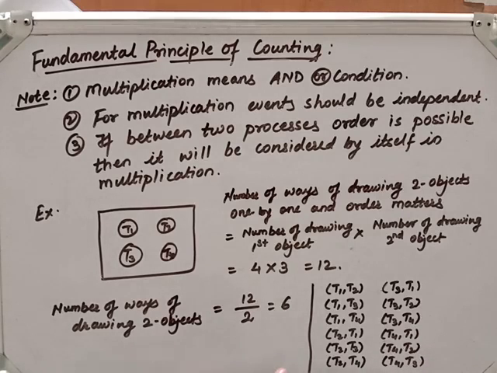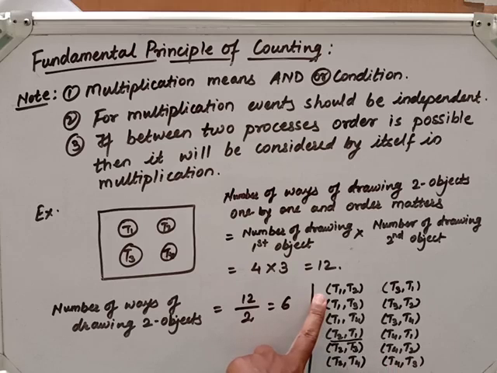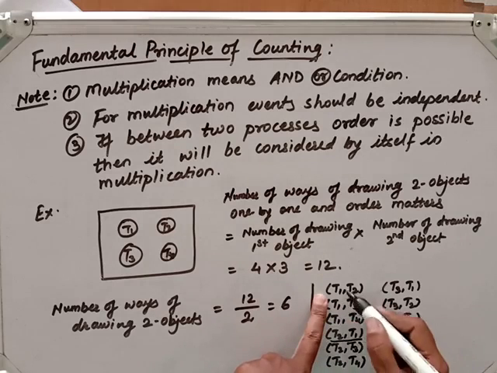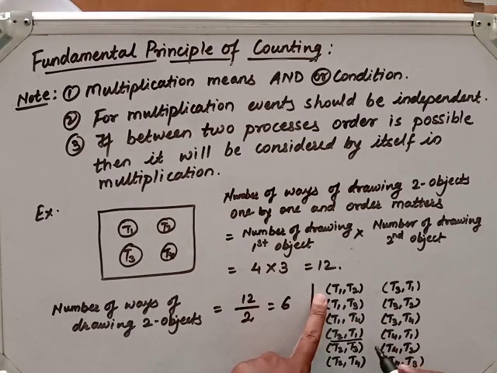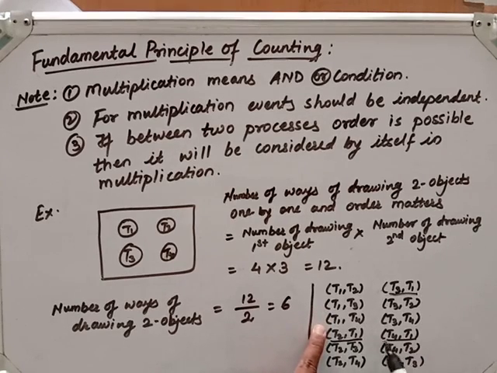Now if you look carefully, here T1, T2 is the same as T2, T1. Order doesn't matter. T1, T3 is the same as T3, T1. Again T1, T4 is the same as T4, T1. T2, T3 is the same as T3, T2.